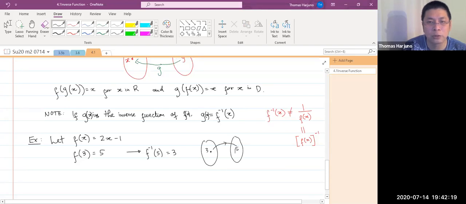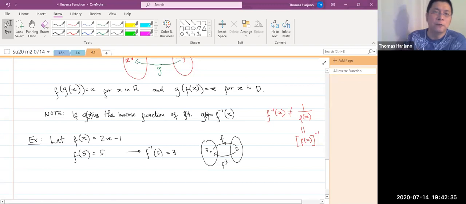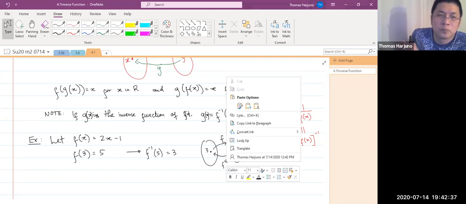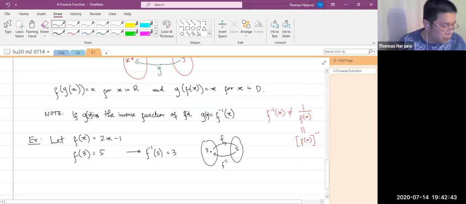That's what the function is doing. Then the inverse function of 5 will send it back to 3. Now, don't forget that the inverse of a function is a function only if it is one-to-one.